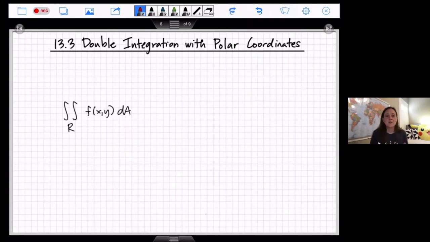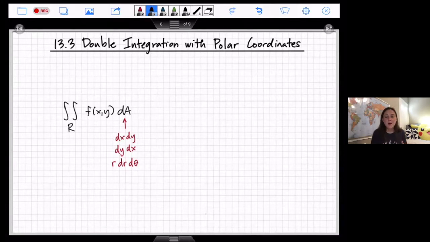So a while ago, I introduced this dA at the end of the double integral, and I said that could either refer to dx dy or dy dx. Now we also know that dA could be r dr d theta, and that extra r just comes as a package deal, that Jacobian, whenever you change from x's and y's over to r's and thetas.